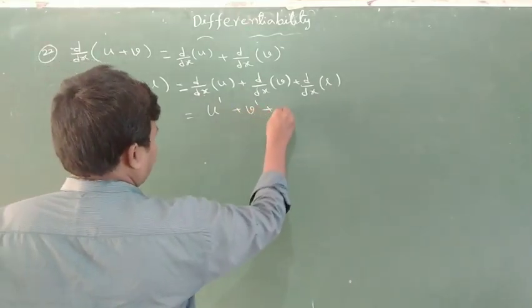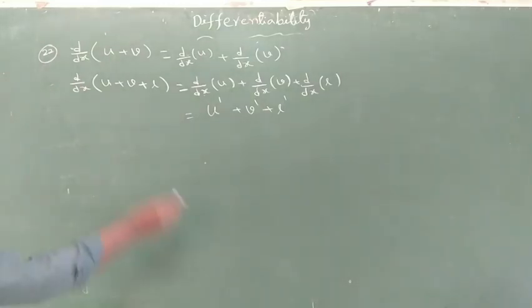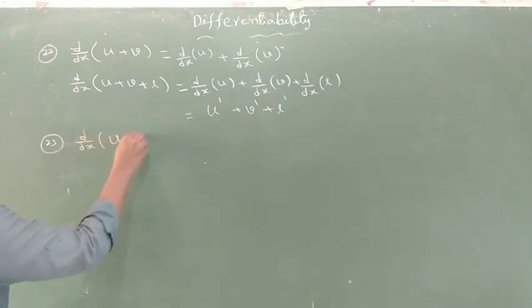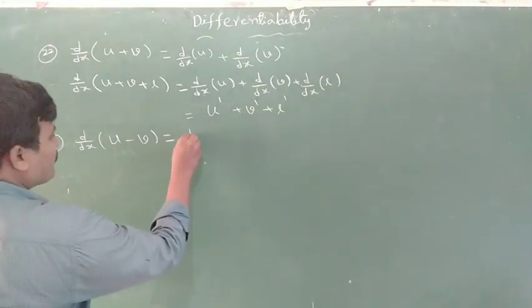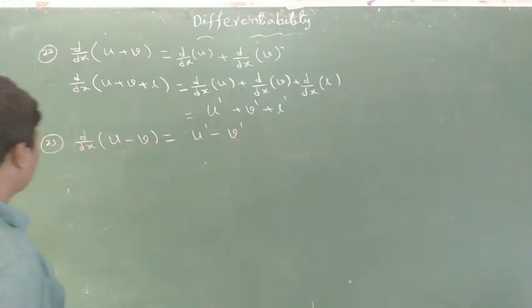So v dash plus l dash. Next, d by dx of u minus v. Difference of two functions is also the same: u dash minus v dash.